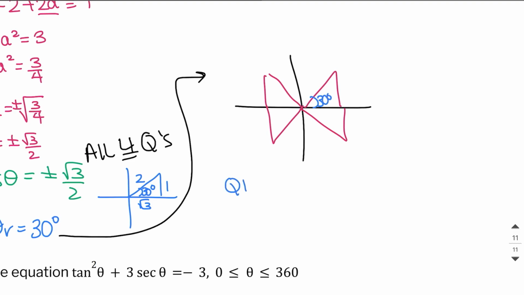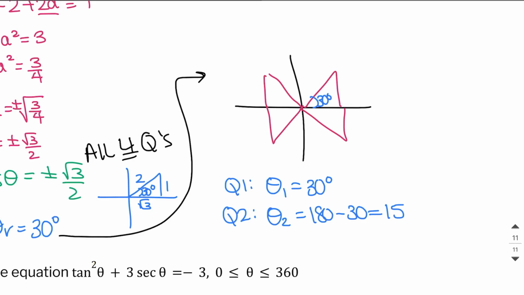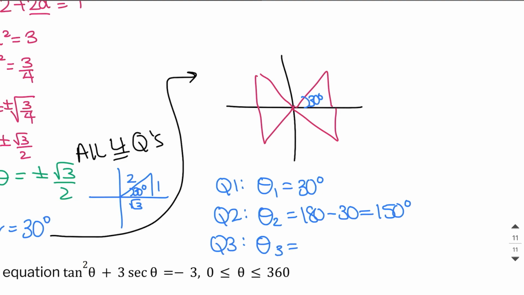In quadrant 1, our first answer for theta is simply 30 degrees. In quadrant 2, our answer is 180 minus 30, or 150 degrees. In quadrant 3, this is going to be 180 plus 30, which is 210 degrees.